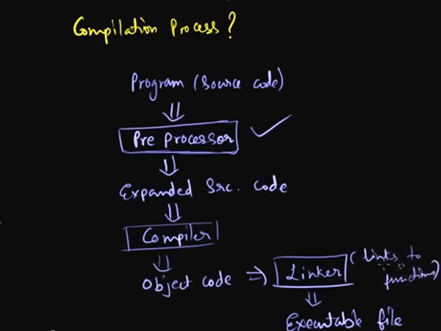Now what is called linking functions is this: you have different functions. You have standard library functions, you have your own user defined functions. Now what happens is your main function gets its own object code. Your other functions get their object code, and the standard library functions get their object code.